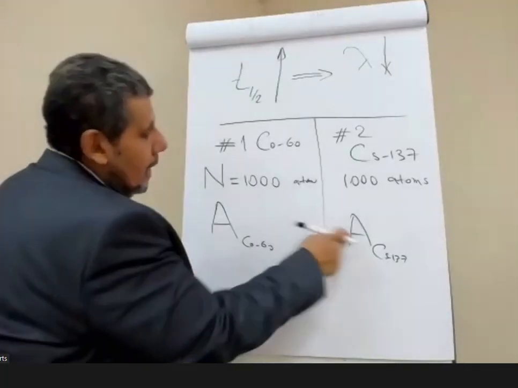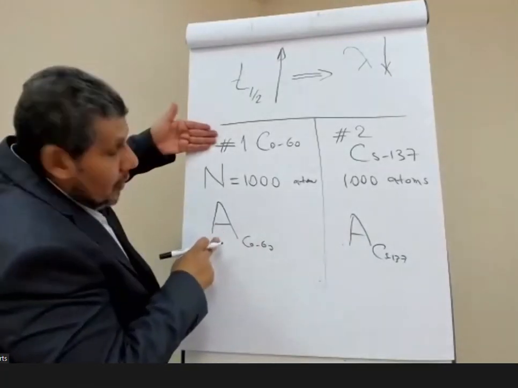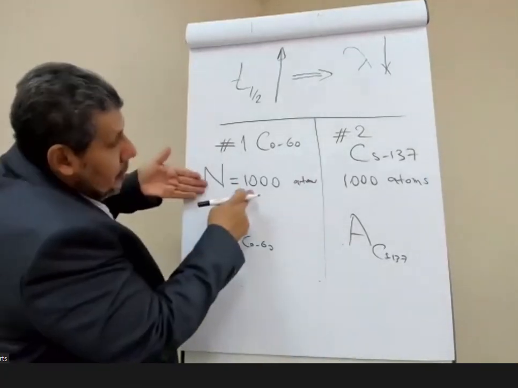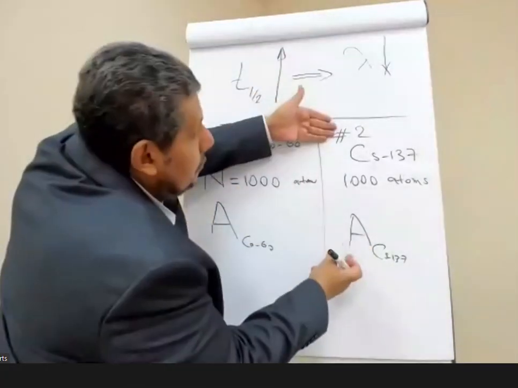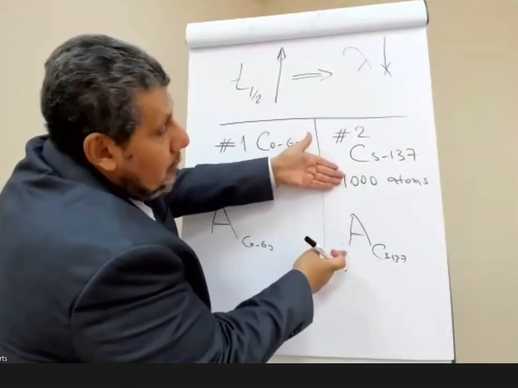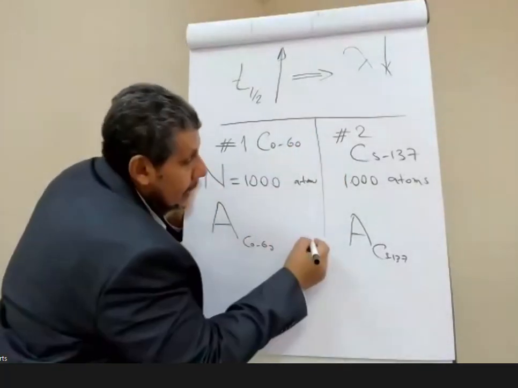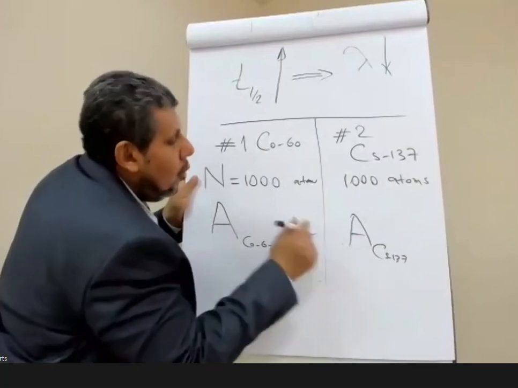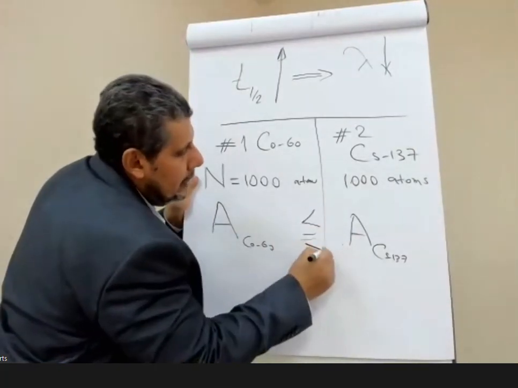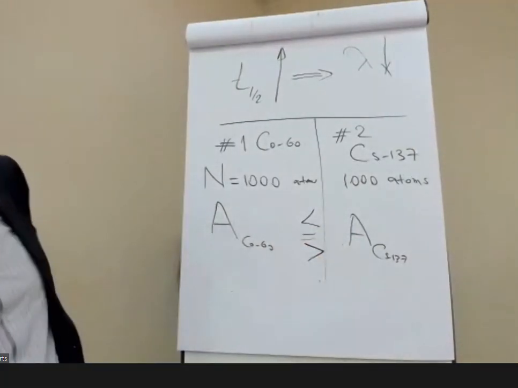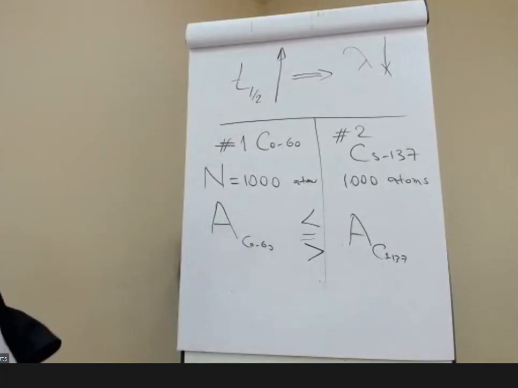Now, what is the relation between the activity of the cobalt source with 1,000 atoms and the activity of the cesium source with the same 1,000 atoms? Is the activity of cobalt 60 equal to the activity of cesium, or less, or greater? I need an answer. It depends on lambda.